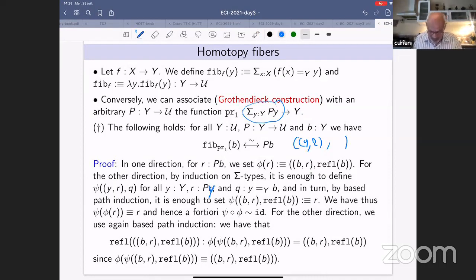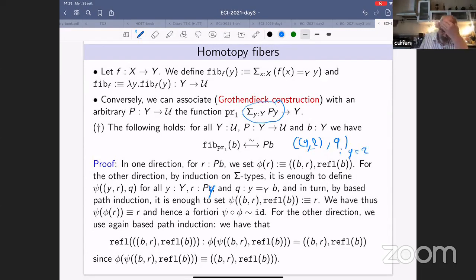And the rest here is a proof, a certain q, that pr1 of (y, r), which is y, is equal to B. Hence this q here is of type y equals B.